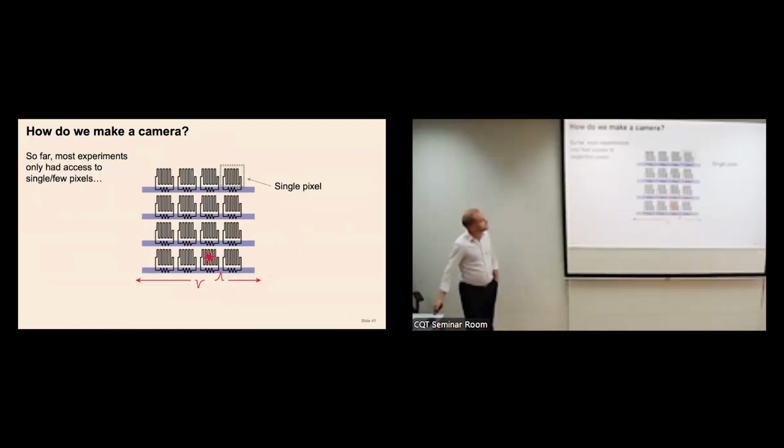And the other thing I just want to finally highlight is the development efforts to really make cameras as well. So you can have tens of pixels with dedicated readout. One thing that we were thinking about a lot at JPL and NIST was how to make a large array of these detectors.